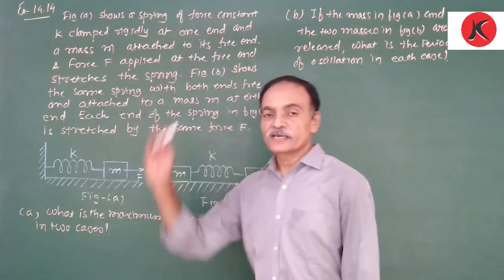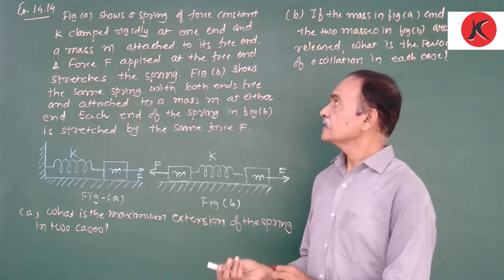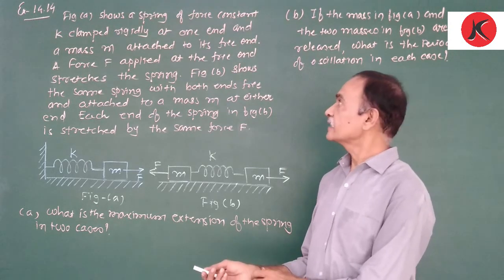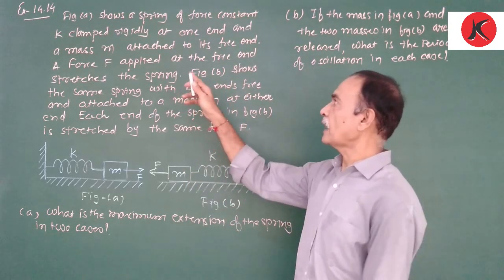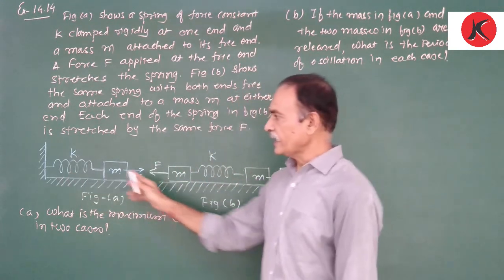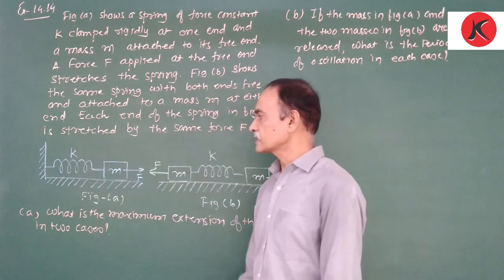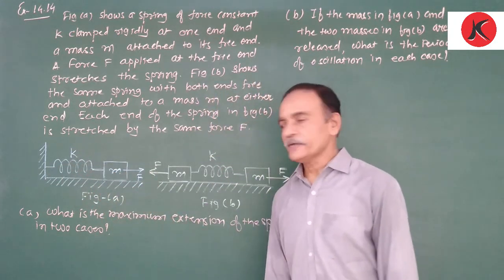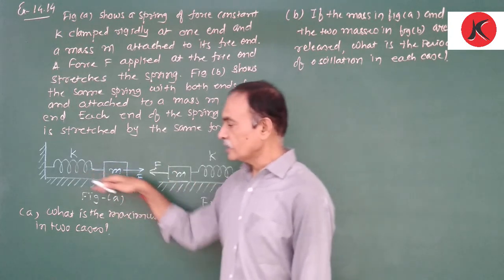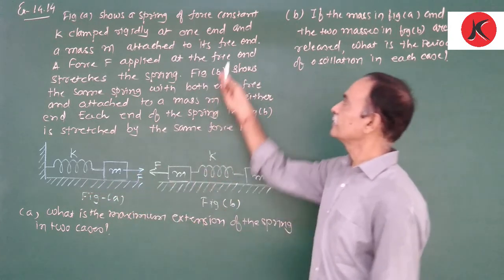Now friends, the next numerical is 14.40. Here figure A shows a spring of force constant K clamped rigidly at one end and a mass M attached to its other end. The one end of the spring having force constant K is connected with a rigid support, while the other end is connected with the body of mass M placed on a frictionless horizontal surface.